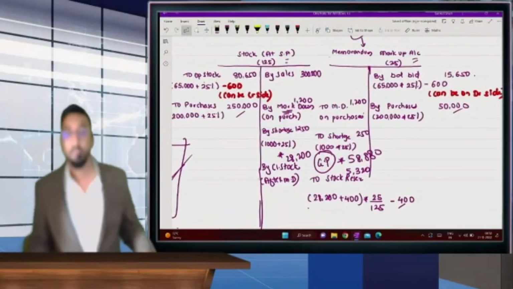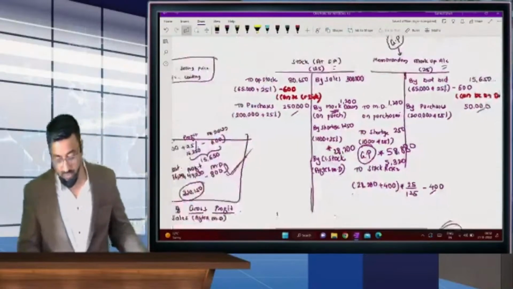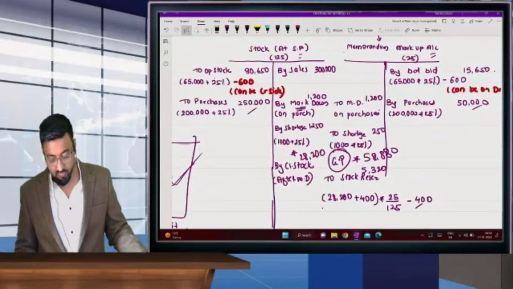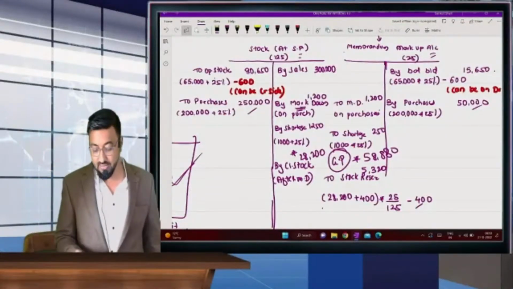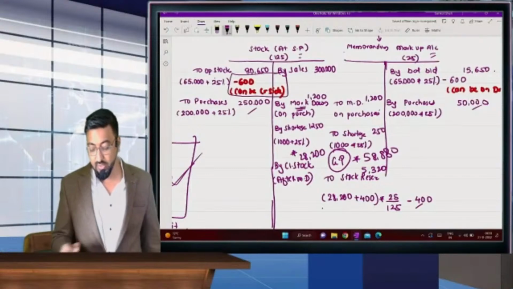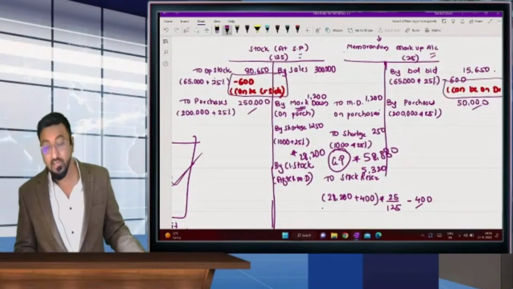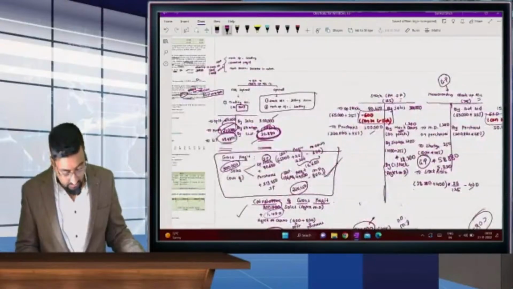Stock and memorandum markup account. You can check here. So opening stock, ICI has done 600. They have written on the credit side and this 600 on the debit side. Purchases का markdown purchases में लिखो. Okay. And sales में कितना markdown था?